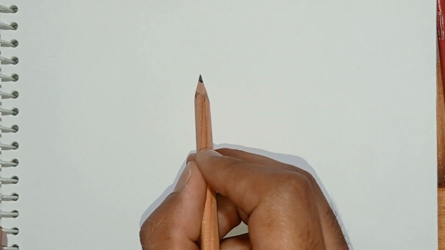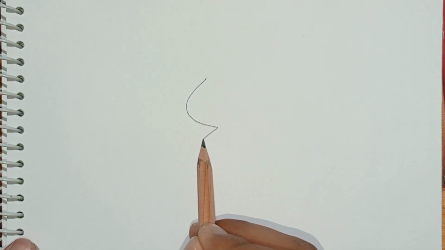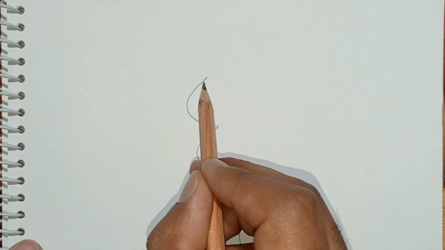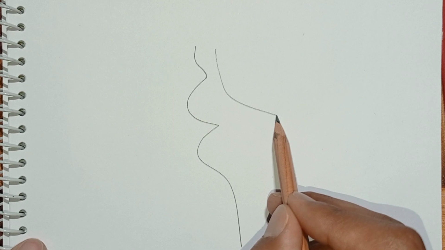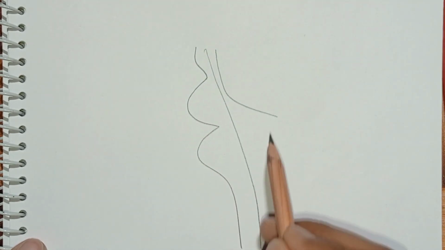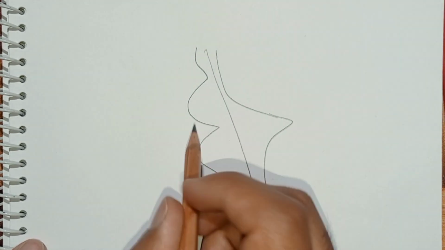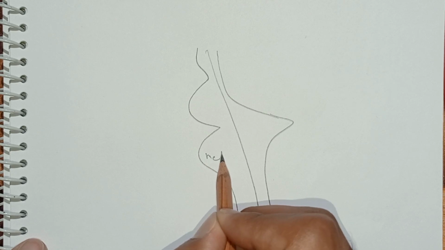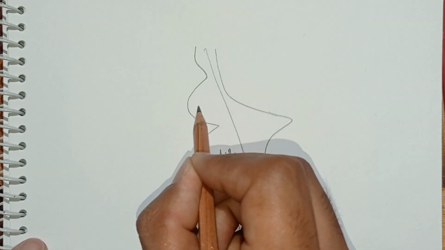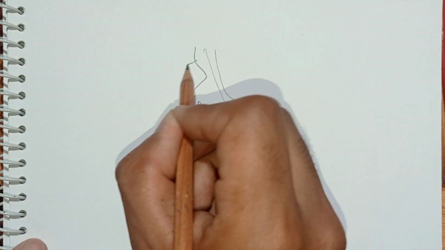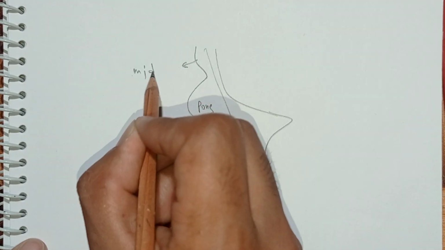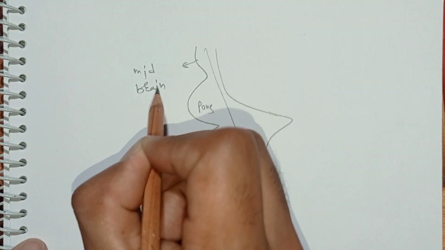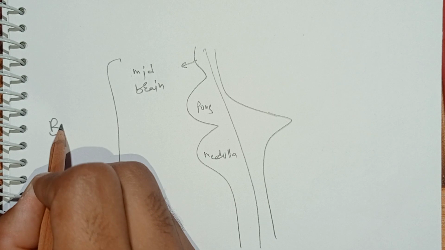We know from the previous lectures, this is the structure of the cerebellum. This is the medulla. This is the pons. This is the midbrain. These 3 together are called the brainstem.